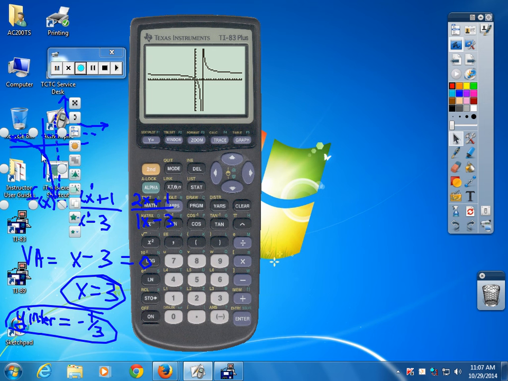No, the y-intercept is right here. This one doesn't cross the y-intercept. The only y-intercept is this one because this is the only line that crosses the y-axis. This one never touches the y-axis because it never crosses this guy.